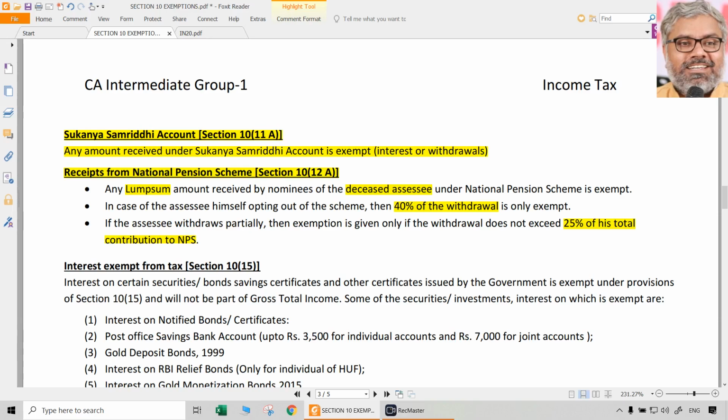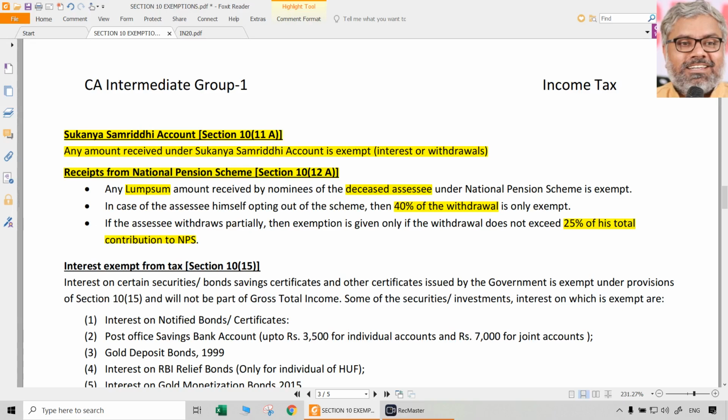But once again, point is, this is a kind of social security, National Pension Scheme. Normally, the assessees themselves will contribute their own money, but sometimes employers also contribute. If they are withdrawing, that also is not exempt beyond the limit, is what is mentioned here, which can be against the normal rules of justice.